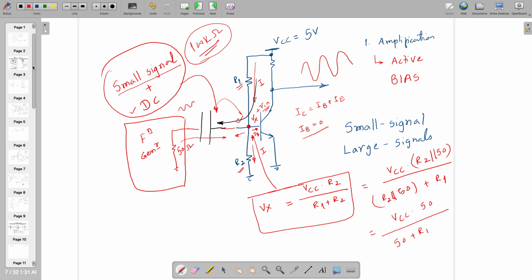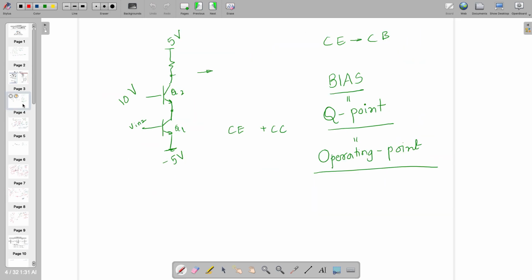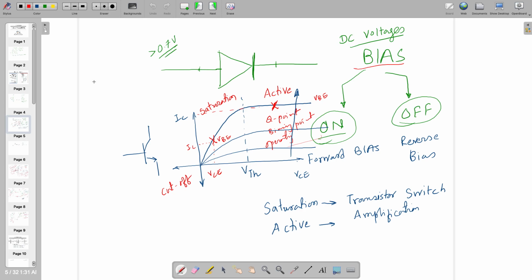If you want to do this and we are interested in only the small signal, instead of calling it just Vin as an input, we are going to call it something small, something like this. A small value of input which is going to be changed, whose derivative is not zero.